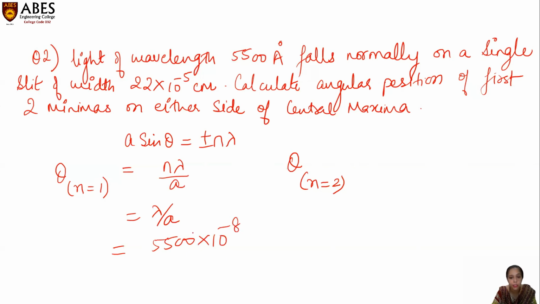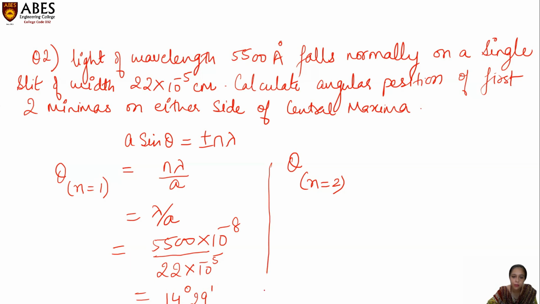It's very important because it's in angstrom. We have to convert it to centimeter because already our width is in centimeters. So it will be 22 × 10^-5. If we calculate it, it comes out to be around 14 degree.